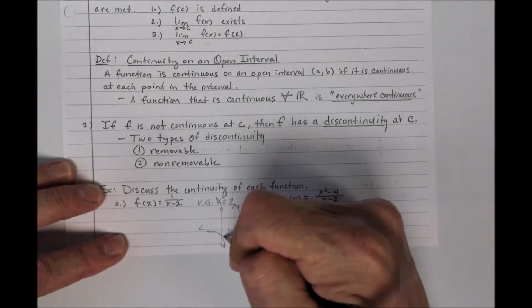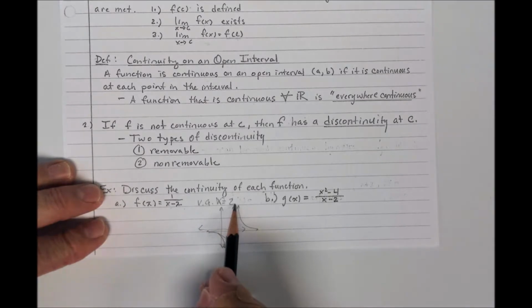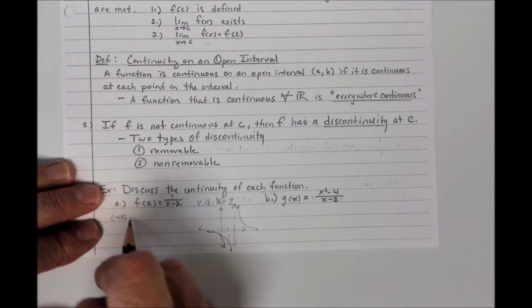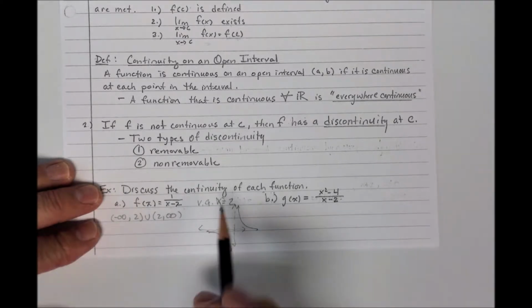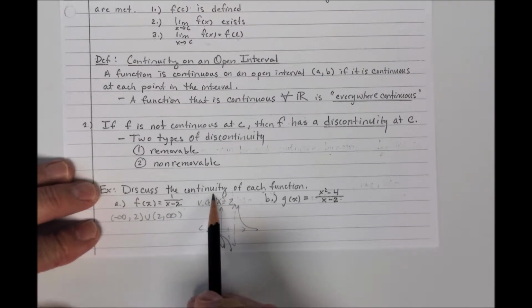I'm going to bring that a little bit closer there. There we go. So this is continuous everywhere except at 2. So what we're going to say is continuous from negative infinity to 2, union from 2 to infinity, because it says to discuss its continuity. When we discuss continuity, we find where it's discontinuous, and then we keep everything else.